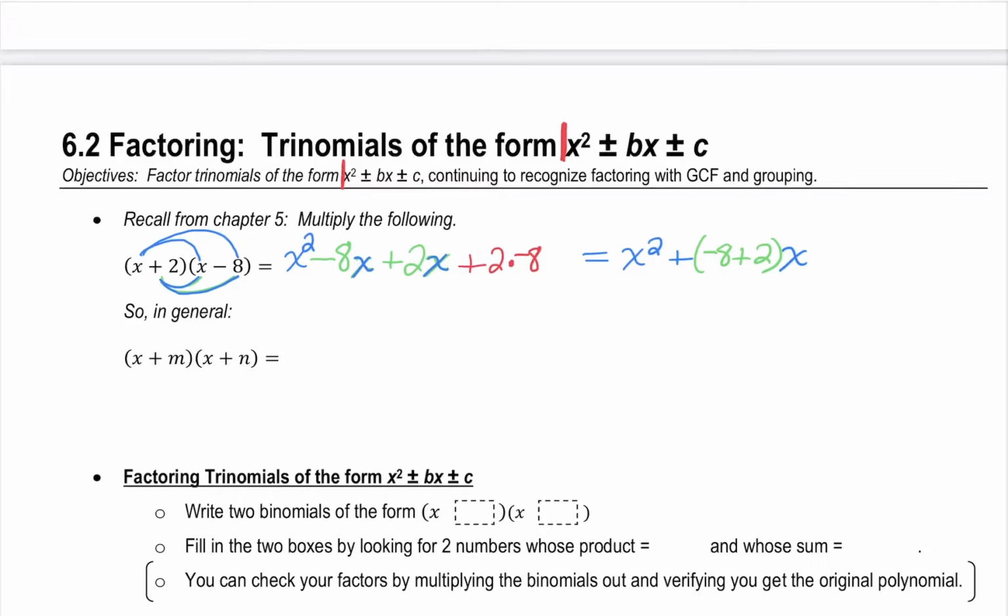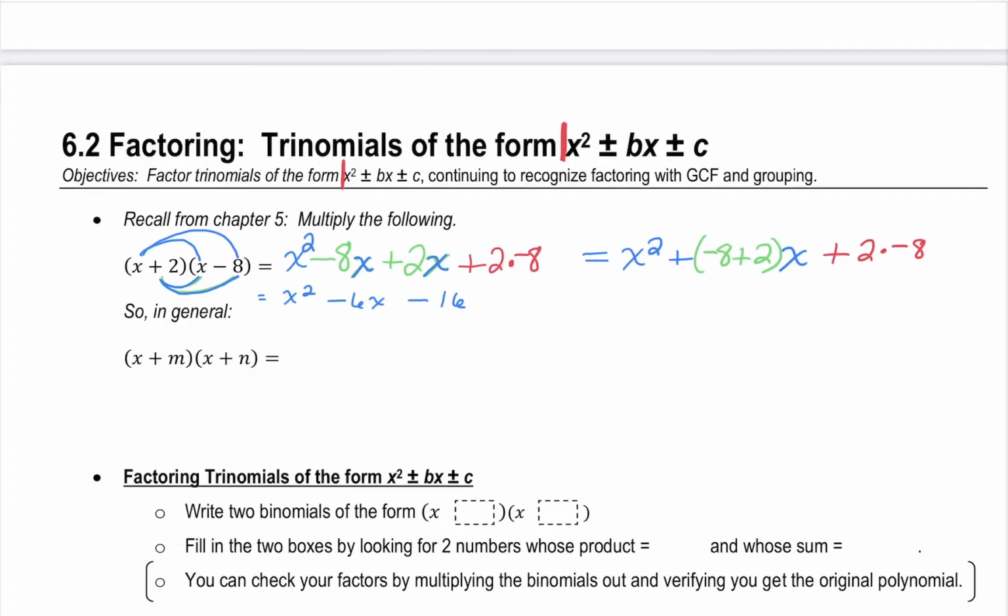Those give us the coefficient of the x, and the last term came from the product of those two numbers. So I know you would never write it out this way. You would just immediately go to, okay, this is just going to be x squared minus 6x and then minus 16.